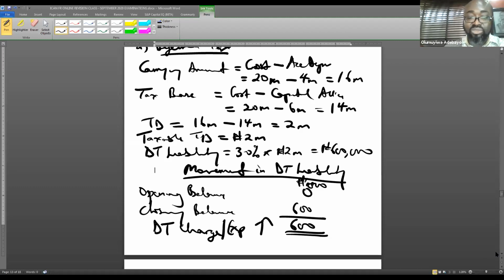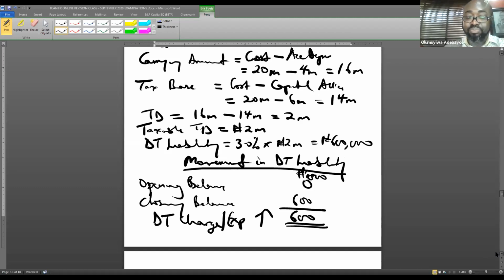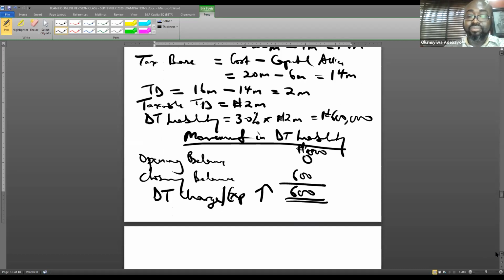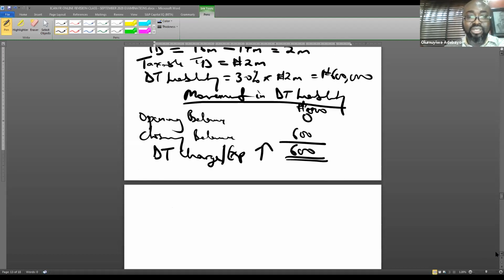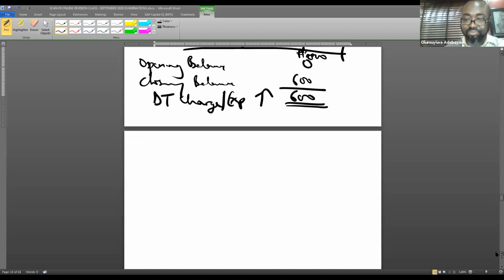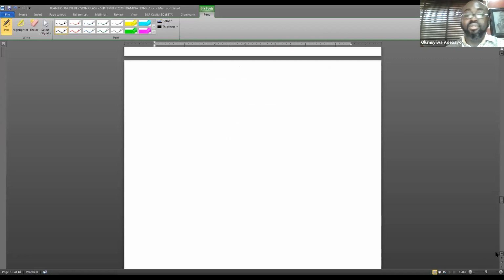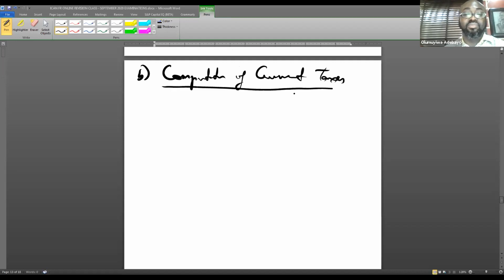Second question says, what is our current tax? Remember, in computing current taxes, what do you do? To compute my current tax, I start with my accounting profit.